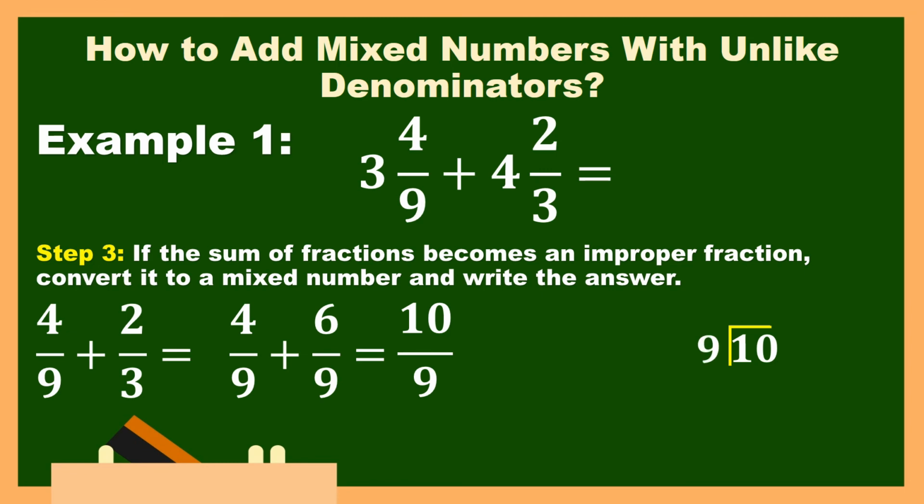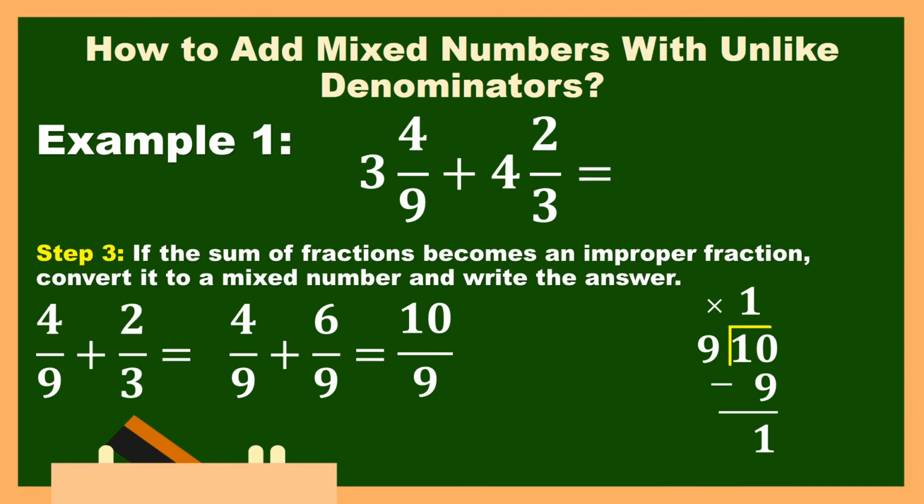So, 10 divided by 9 is equal to 1 and multiply the quotient 1 to the divisor, which is 9. So, 1 times 9 is equal to 9. And subtract. So, 10 minus 9 is equal to 1. And 1 will be our remainder.